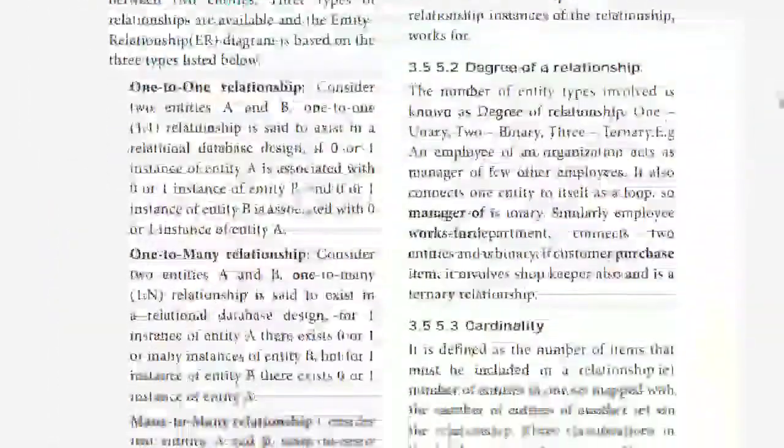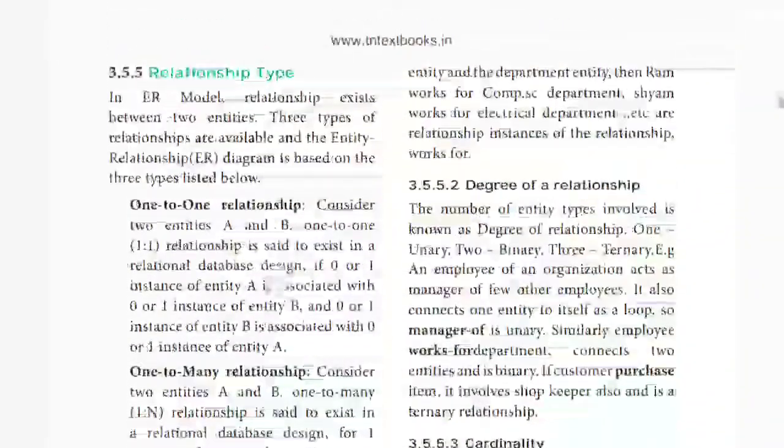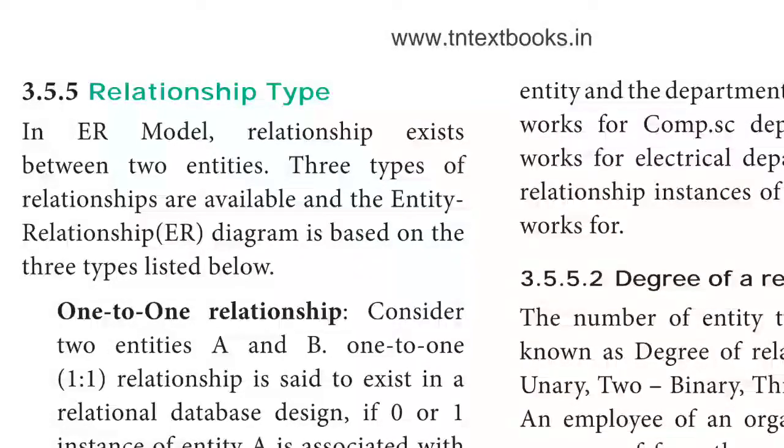So next is relationship. Here you can see the relationship between two entities. In our school example, a teacher is related to a student. The student cannot read or educate herself on her own, so a teacher is necessary to teach everything.